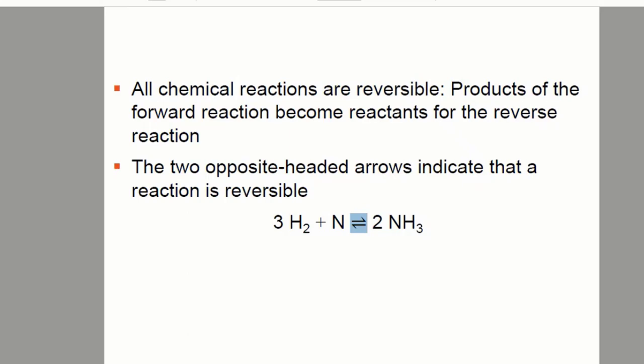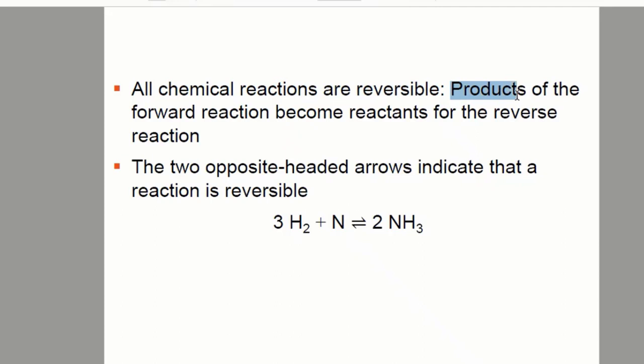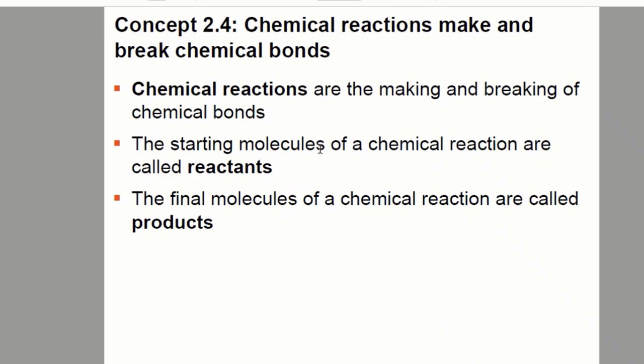So when you want to describe the concept, you have to pay attention to terminology, because they're saying the products of a forward reaction become the reactants. What are the reactants? Reactants are the starting molecules in a chemical reaction.